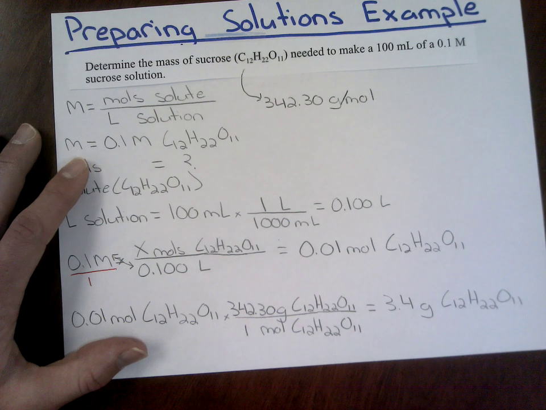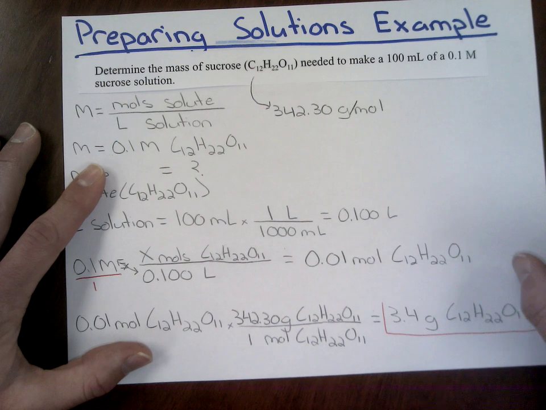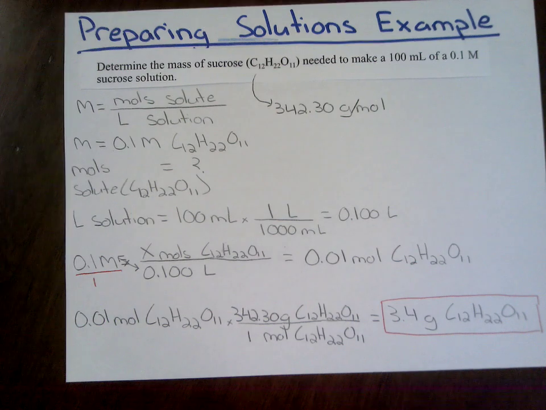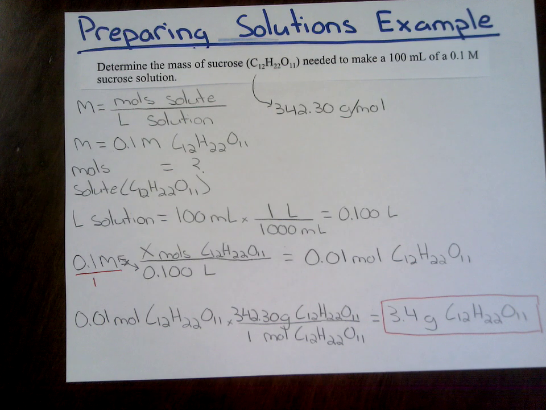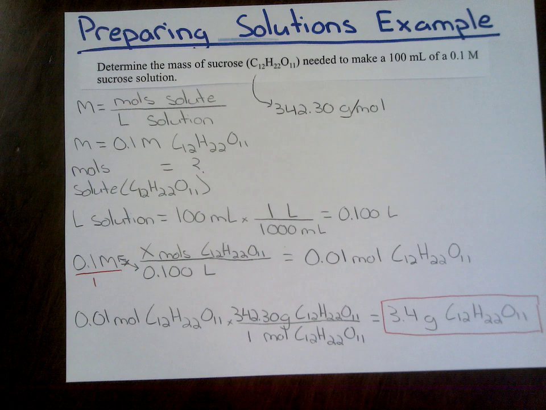I'm not going to write this down here, but what we would do is measure out 3.4 grams of sucrose. We would then add enough solvent, in this case water, to make exactly 100 milliliters or 0.1 liters of solution.